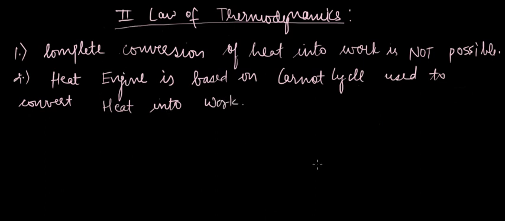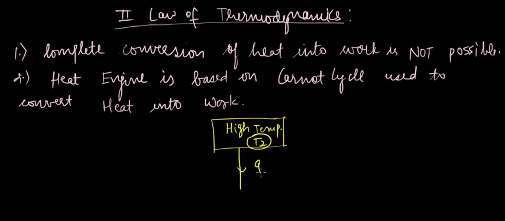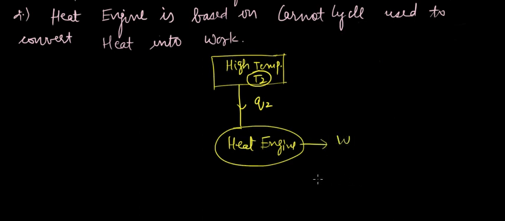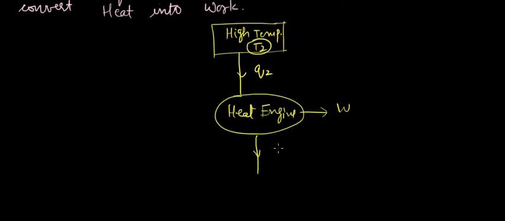So we have a high temperature body at temperature T2, which gives heat to the heat engine. The heat engine does some work and then supplies the rest of the energy, Q1 heat energy, to a lower temperature body at T1 temperature.